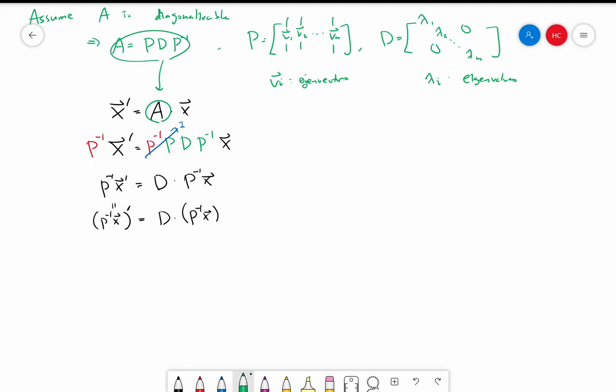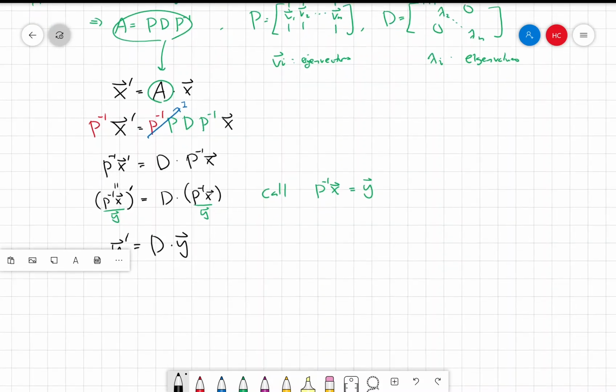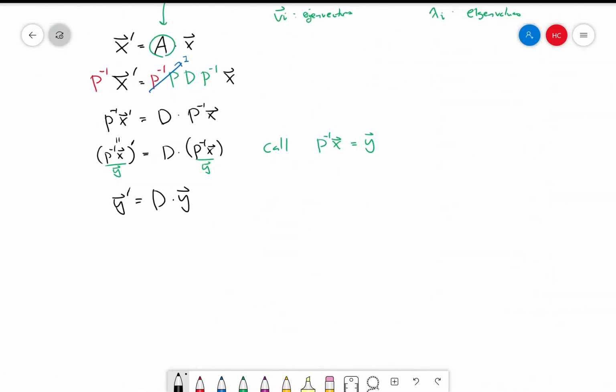Let's call P inverse x a different name. Let's call it y. So this is y, this is also y. The new equation we get is y prime equals D times y. But this is a much easier equation because D is a diagonal matrix. Suppose y is the vector y1, y2, all the way to yn, and recall D has lambda 1, lambda 2, lambda n on the diagonal and everything else is 0.